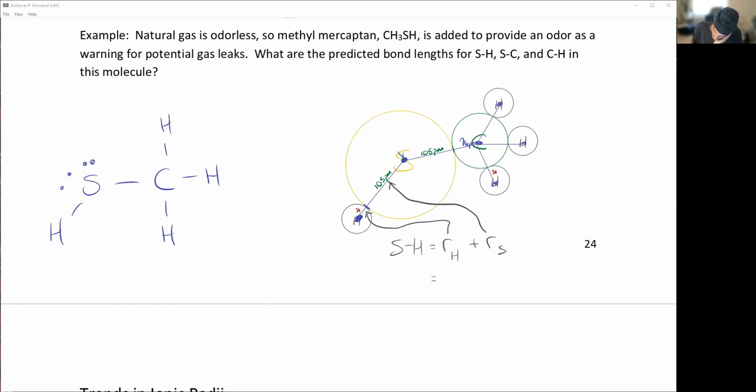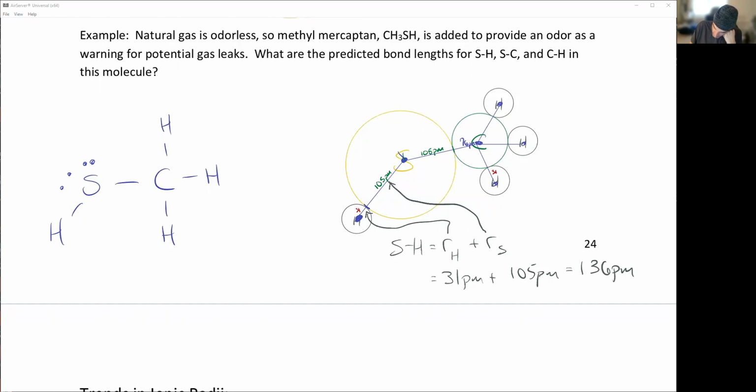Okay, so I have 31 picometers plus the 105 picometers for a total of 136 picometers. Okay, and so we do the rest of these calculations, right?